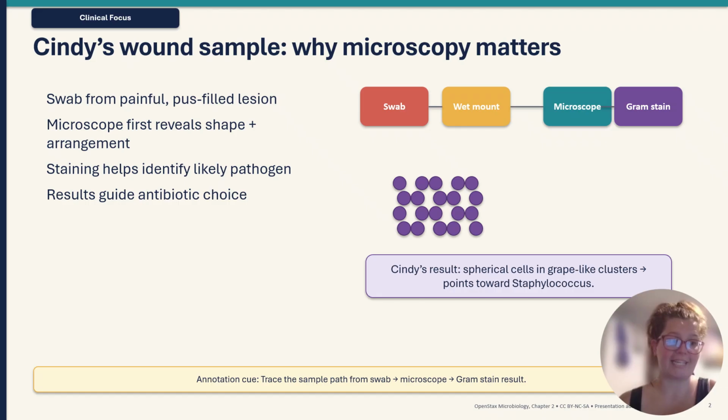Further testing identified the organism as Staphylococcus aureus, a common skin infection. This demonstrates how microscopy and staining techniques help healthcare providers pinpoint pathogens and select the appropriate treatment for that pathogen.